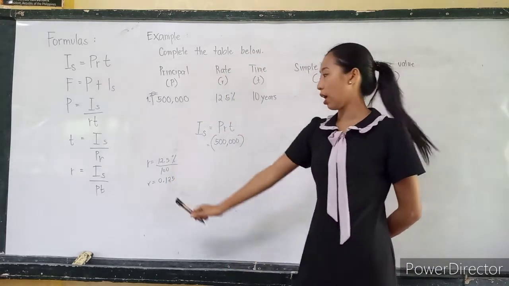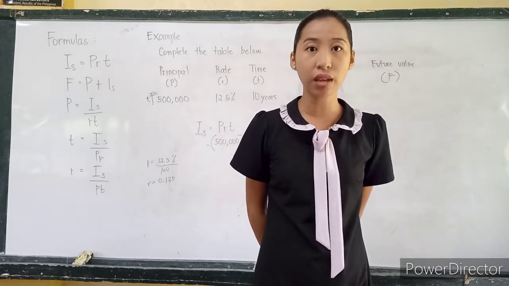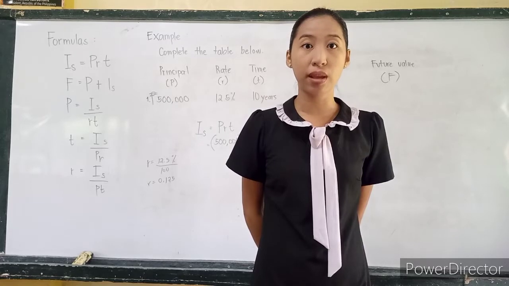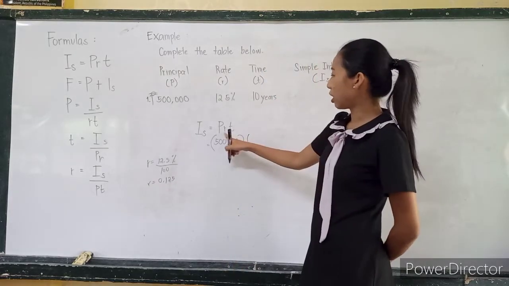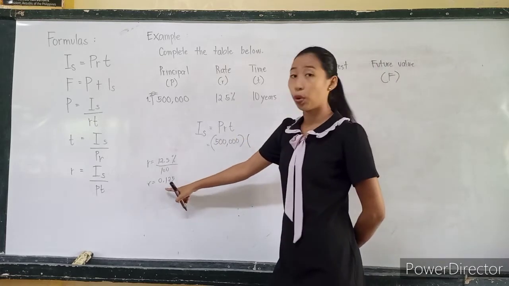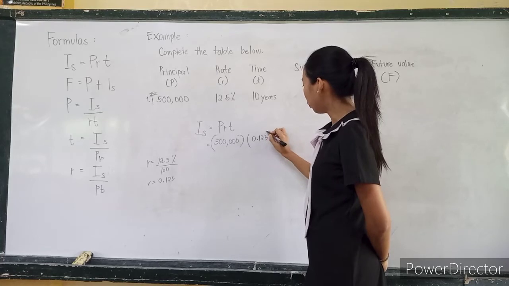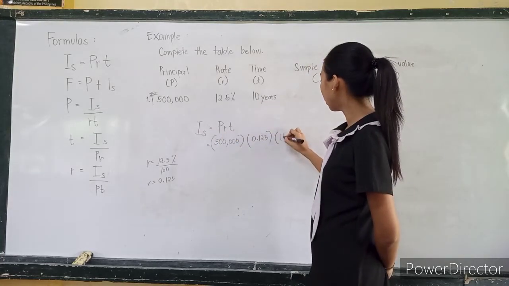So that is the process to remember. You need to divide your rate in percentage form by 100 before you use it in your formula. So now that we have the value, let's move it here. R now is 0.125. Multiply it by T, which is 10 years.